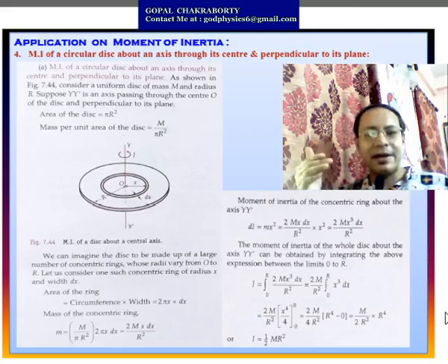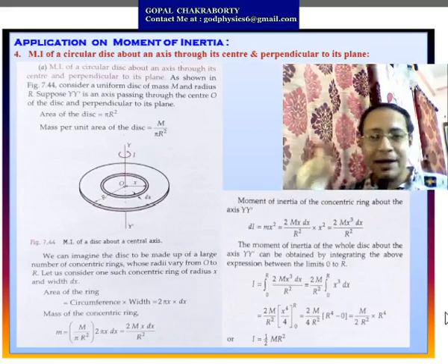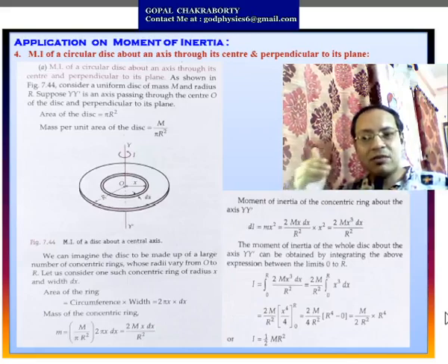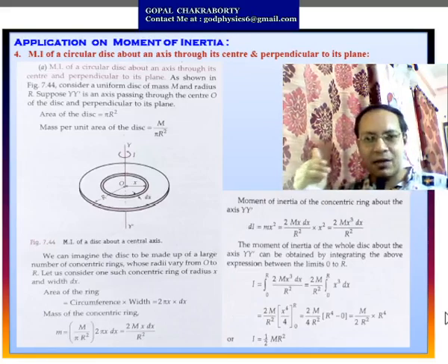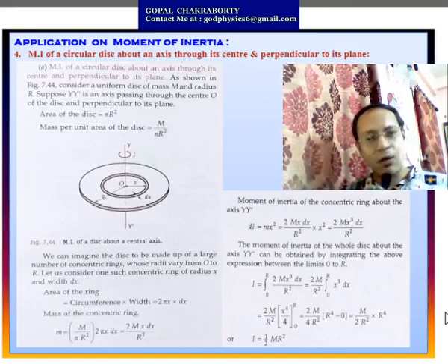After integration you get x to the power 4 by 4, and substituting the upper and lower limits gives I equals half capital M r square. This is the moment of inertia of a circular disc about an axis through its center and perpendicular to the plane. Hope you understand.